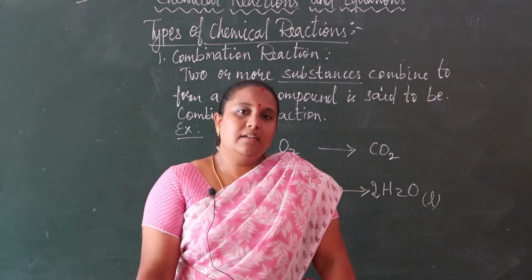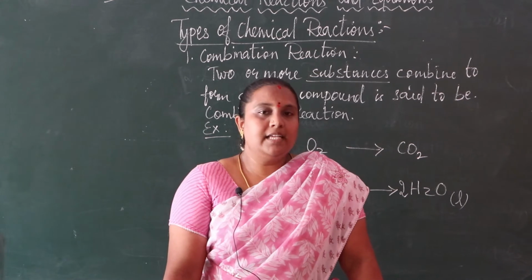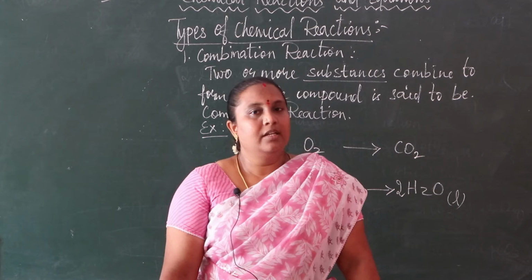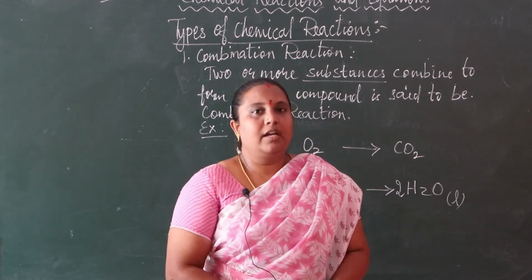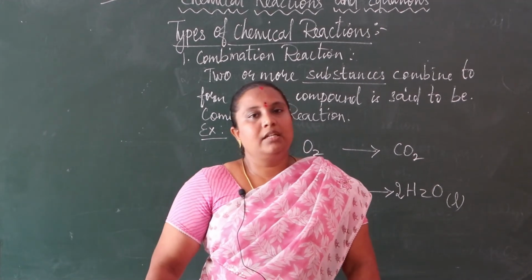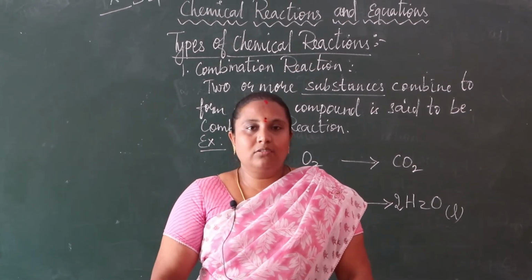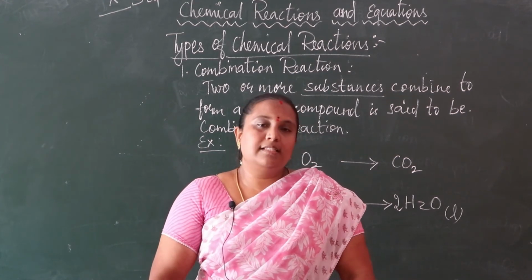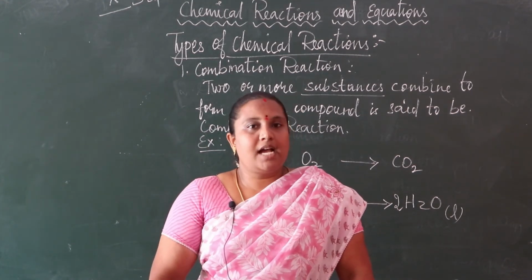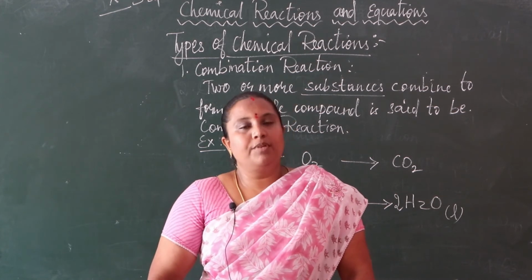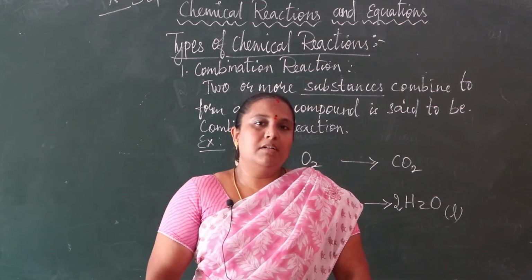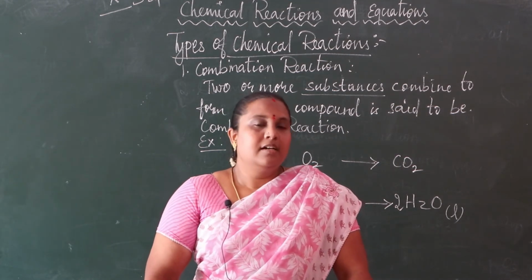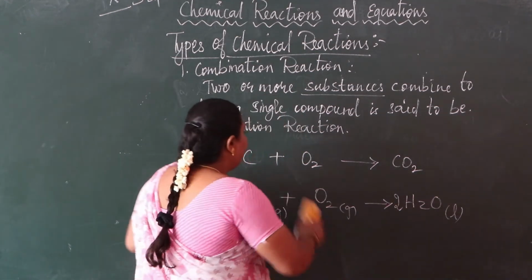In a reaction, if energy is released, we can say it is an exothermic reaction. So the combination reaction is said to be an exothermic reaction. Why? Because in combination reactions, two or more elements react, we get a single product, and energy is released in the form of energy.